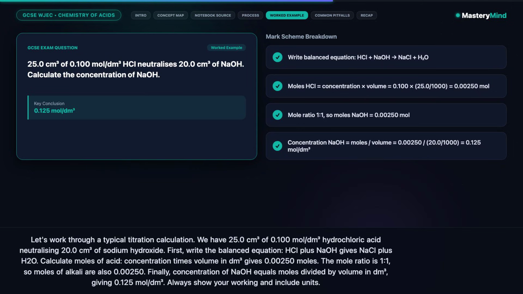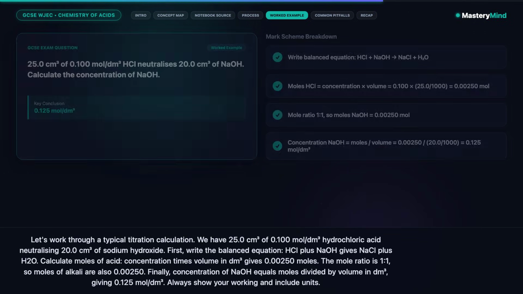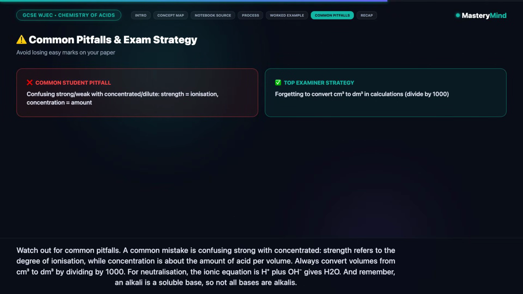Concentration times volume in dm cubed gives 0.000250 moles. The mole ratio is 1:1, so moles of alkali are also 0.00250. Finally, concentration of NaOH equals moles divided by volume in dm cubed, giving 0.125 mol dm cubed. Always show your working and include units.